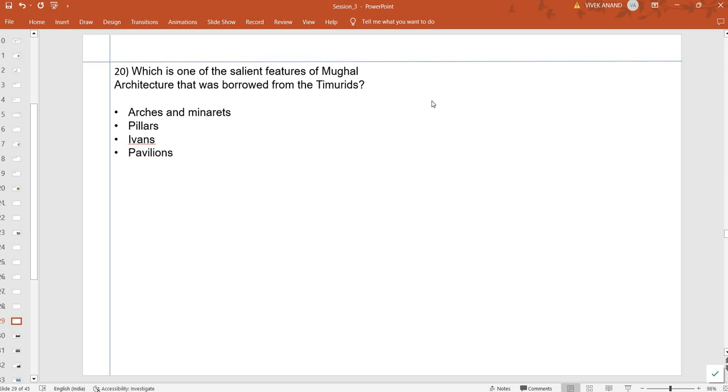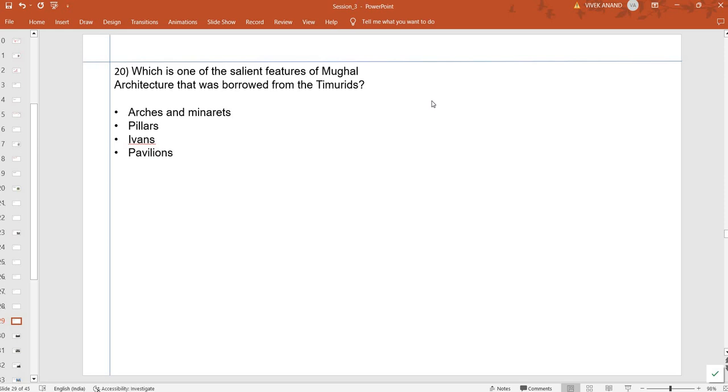Yeah, please. So arches and minarets. No, not arches and minarets. Why are you saying arches and minarets? Arches have a much earlier borrowing, way back before the Timurids, arches were there and minarets were being built.